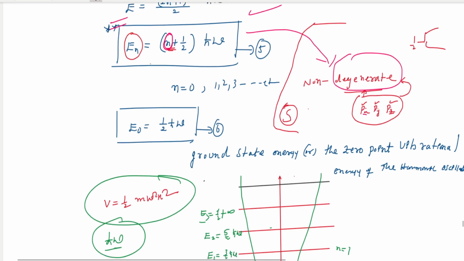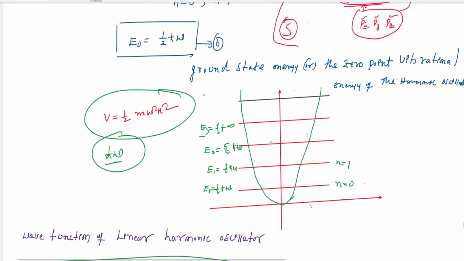So these are the energy levels of the harmonic oscillator, starting from n equal to 0. The curve is a parabola because V equals one half omega squared x squared. The levels are horizontal, and the energy difference between any adjacent energy levels is the same.